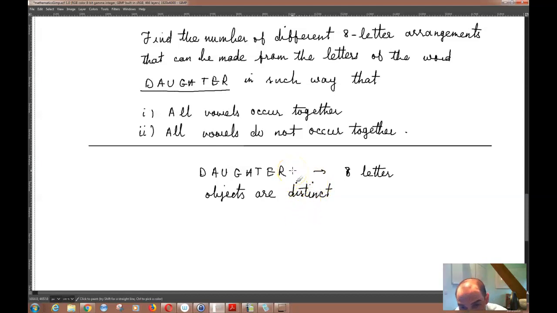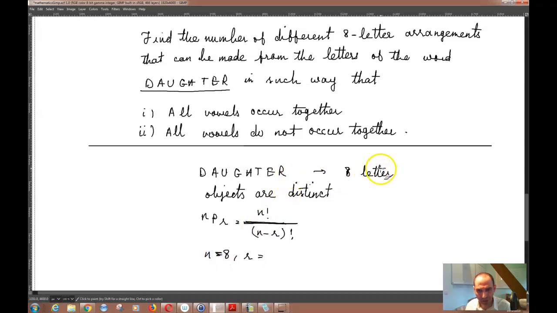Since the objects are distinct, to find all the permutations of these letters, basically making 8-letter words from these 8 letters, I could simply use n permutation r, which is equal to n factorial over n minus r factorial. Here my n is the number of objects, which is 8, and my r is the number of letters of the words I want to make, which is also 8.